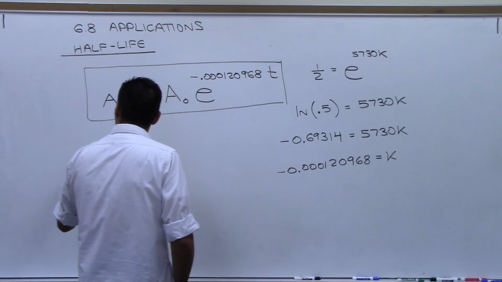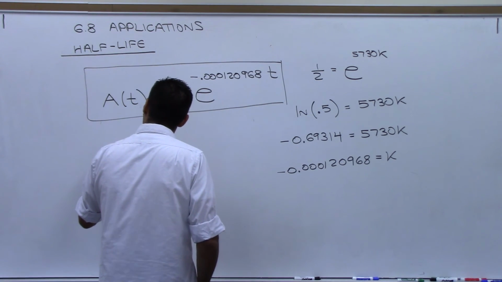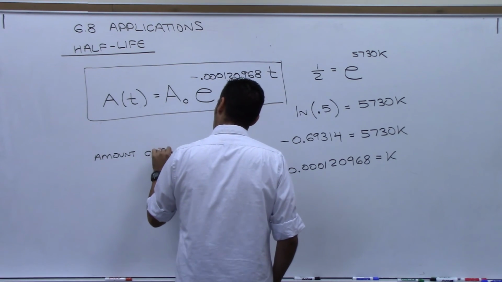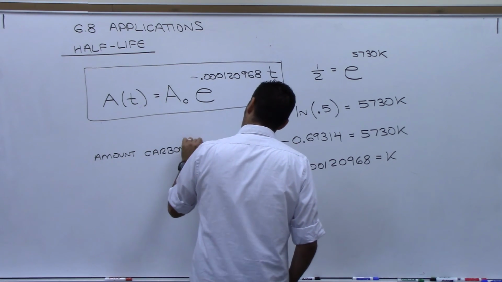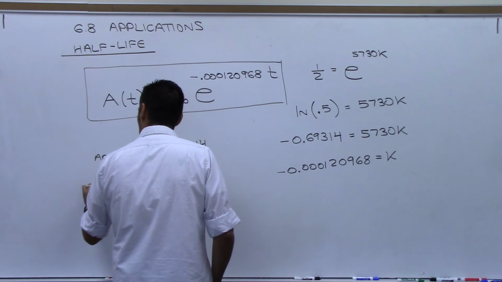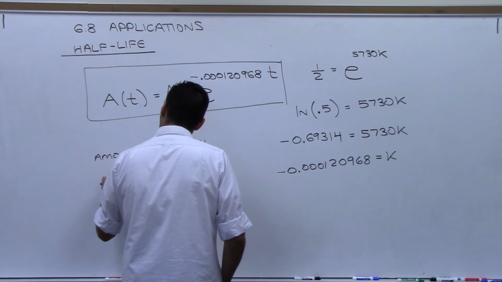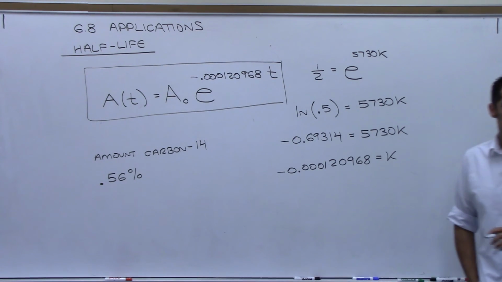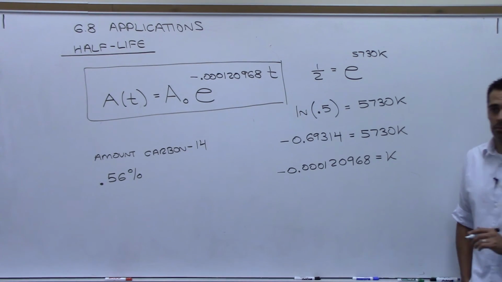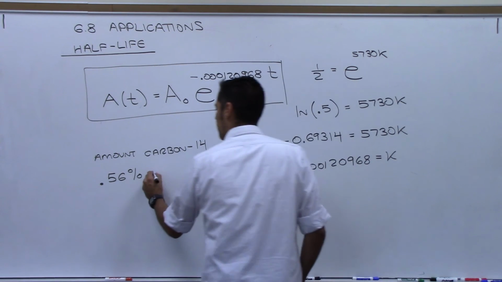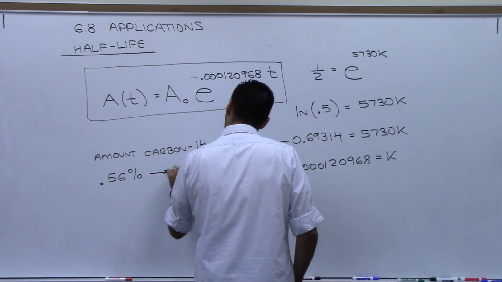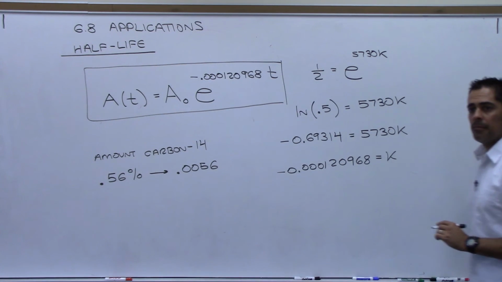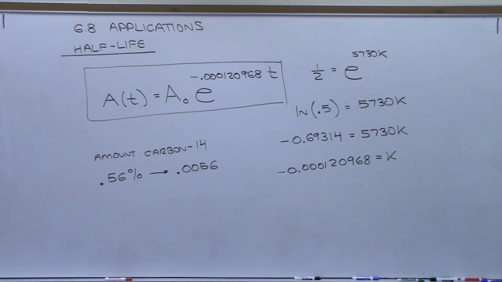So the amount of carbon-14 when we found it is 0.56%. I need to convert that percentage to a decimal. 0.0056, right? That's how much I found.